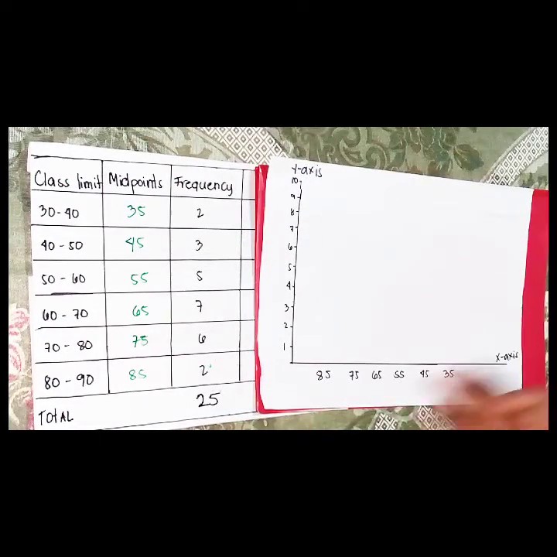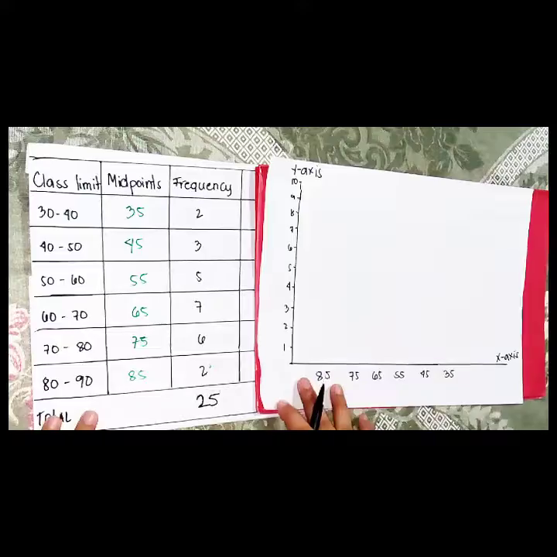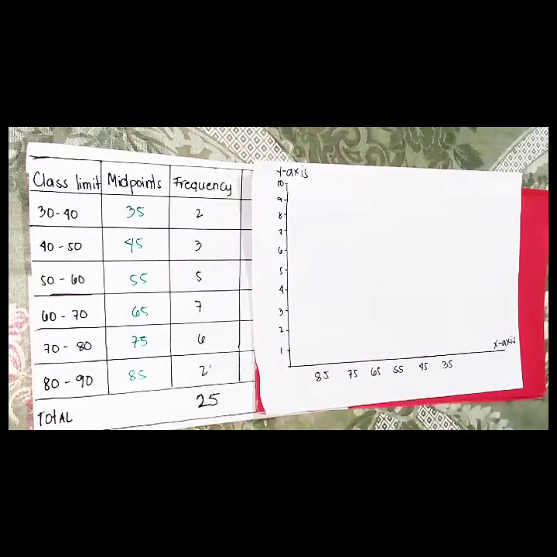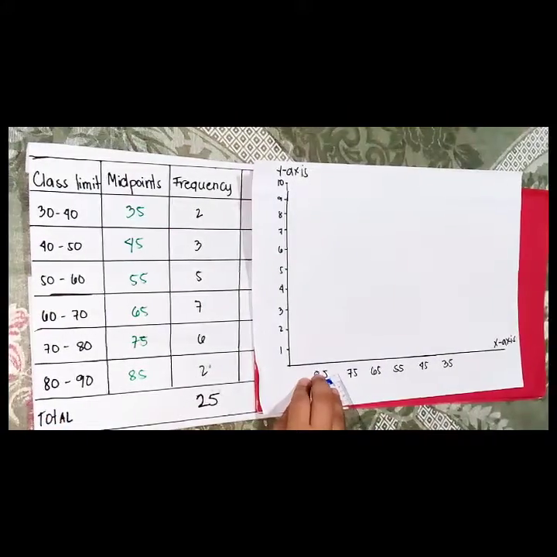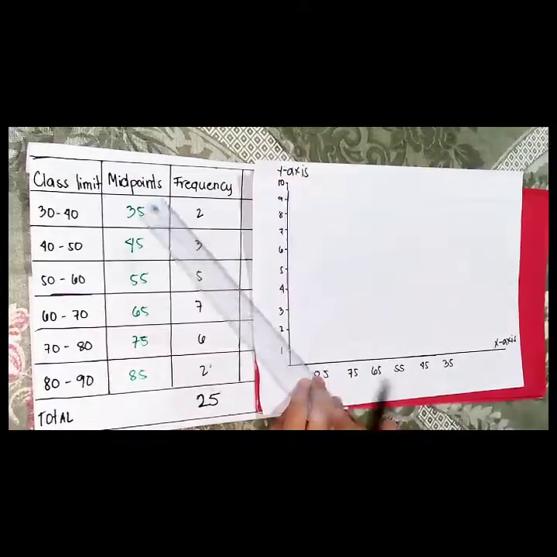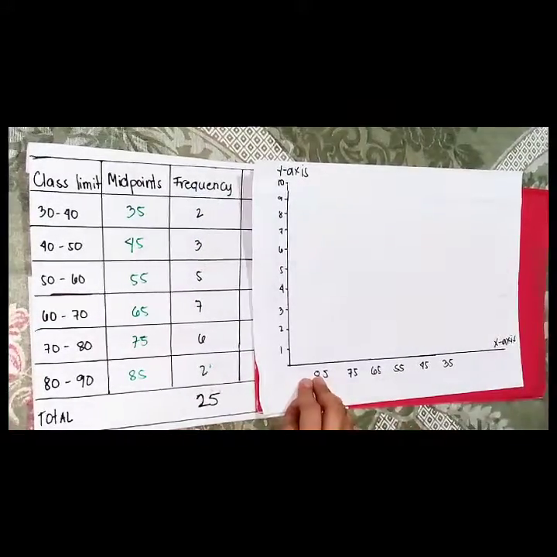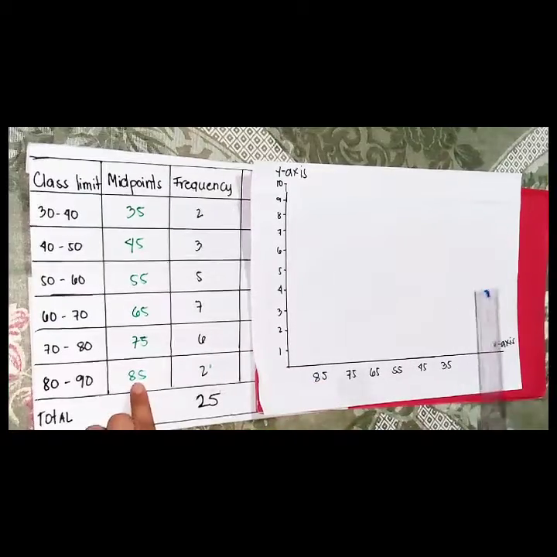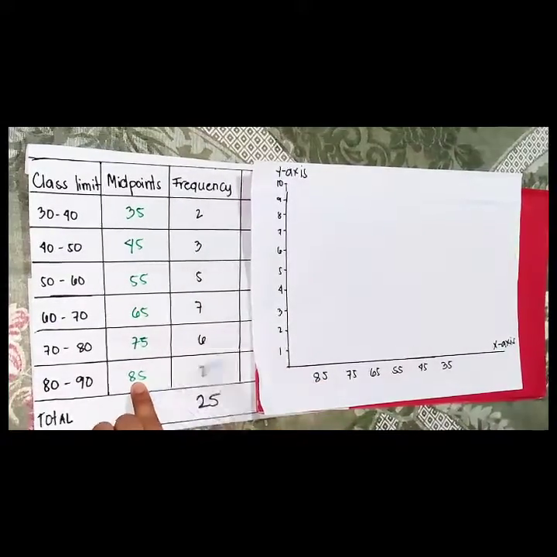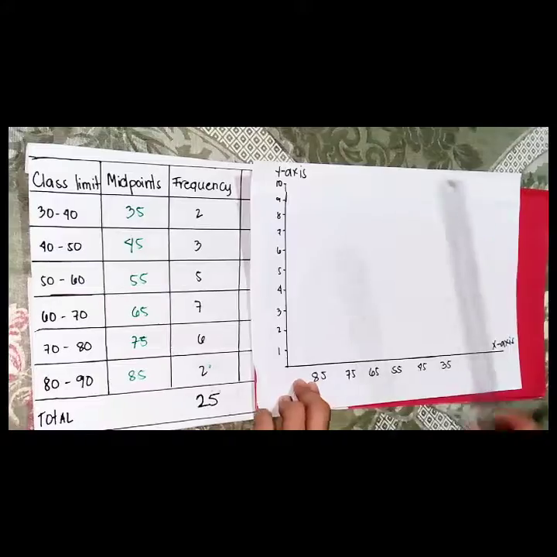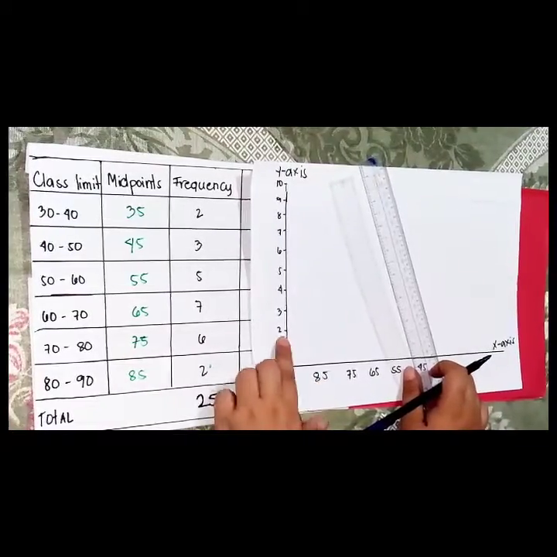So how do we create a bar graph? In creating a bar graph, we simply create bars using our midpoints against our frequency. First, we have a midpoint of 85, and our frequency is 2.